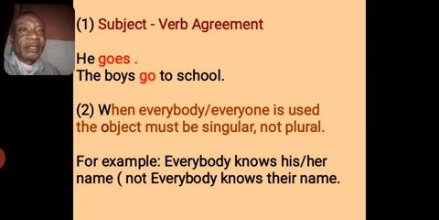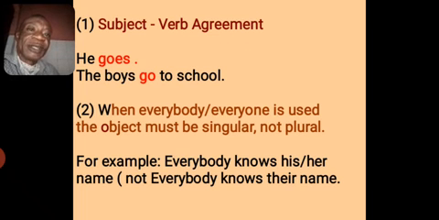Assuming the pronoun was not singular, the verb definitely would not be singular. But it's like this because you have a singular pronoun, which is he, and the verb has to be singular.